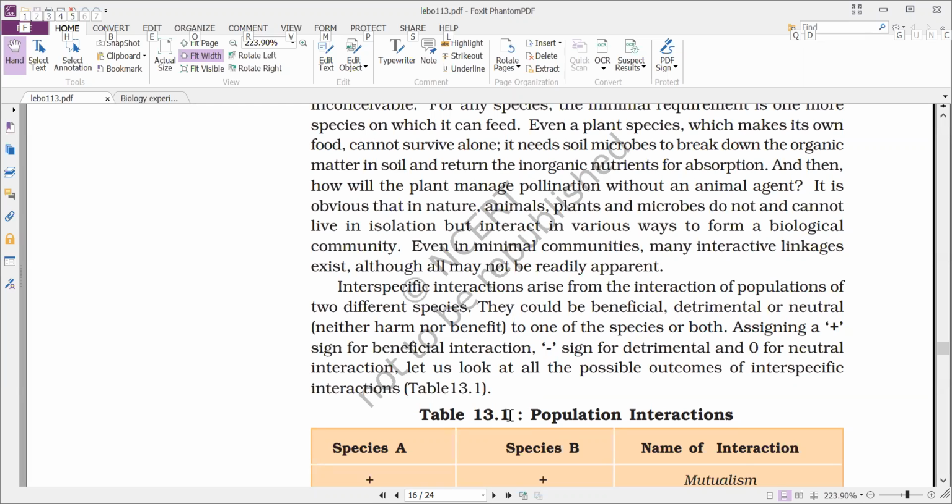Interspecific interactions arise from the interaction of populations of two different species. If the interaction is present between at least two different species, then that is called interspecific interaction.